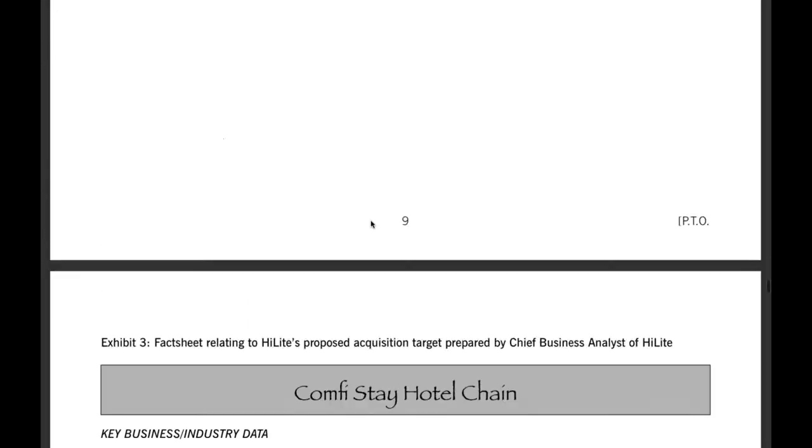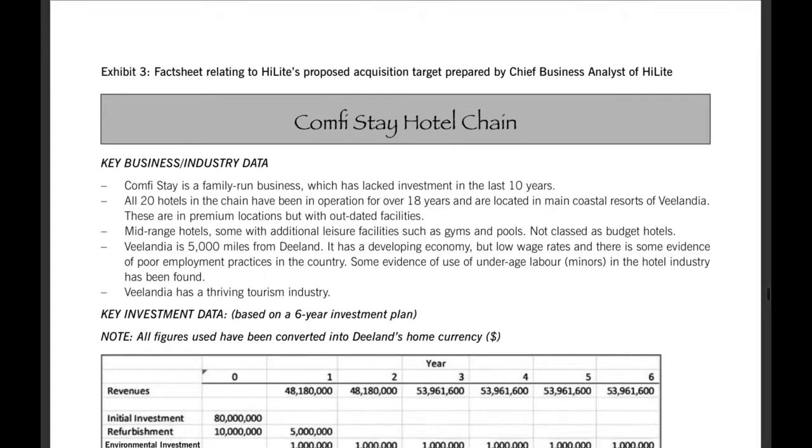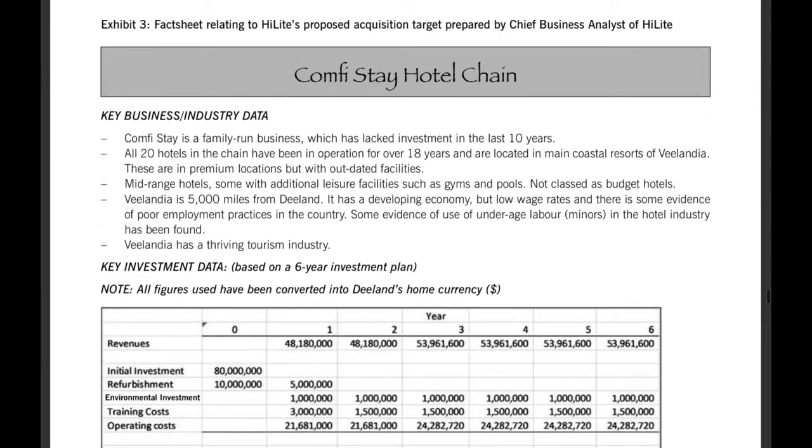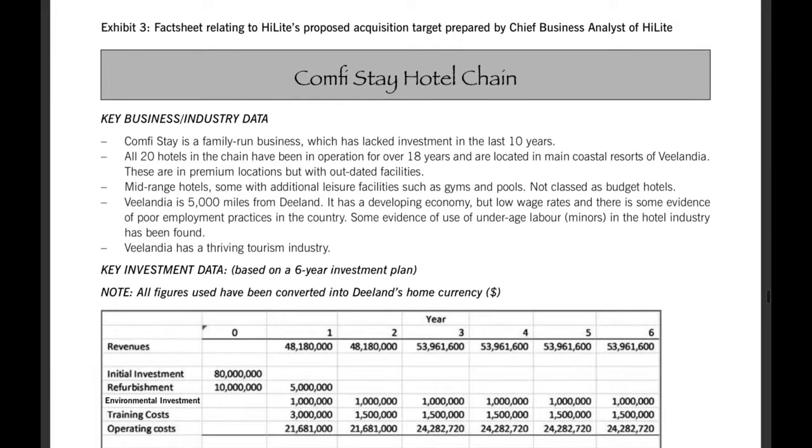Okay, then we move on to the next one. So basically, this is the exhibits. Okay, the exhibits that you're gonna have. Okay, this is the background of Comfy Stay hotel chain.